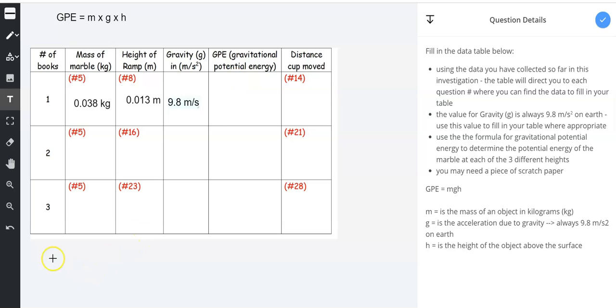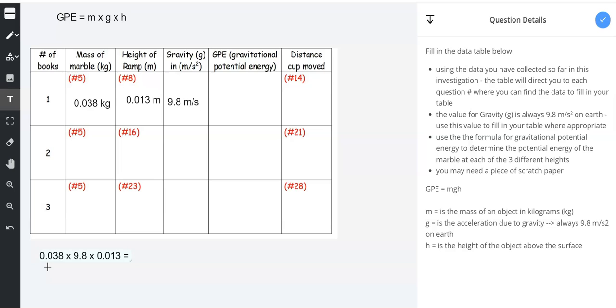In order to do that, I need to do some math. So I'm going to take 0.038 and multiply that times my gravity, which is 9.8, and then multiply that times my height, which is 0.013, okay?